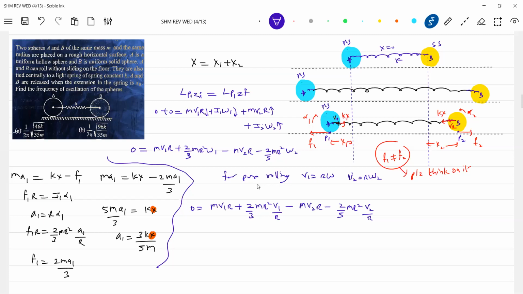M gets canceled. So this will be 5 V1 by 3 is equal to 7 V2 by 5. Check it. I think I'm right here.